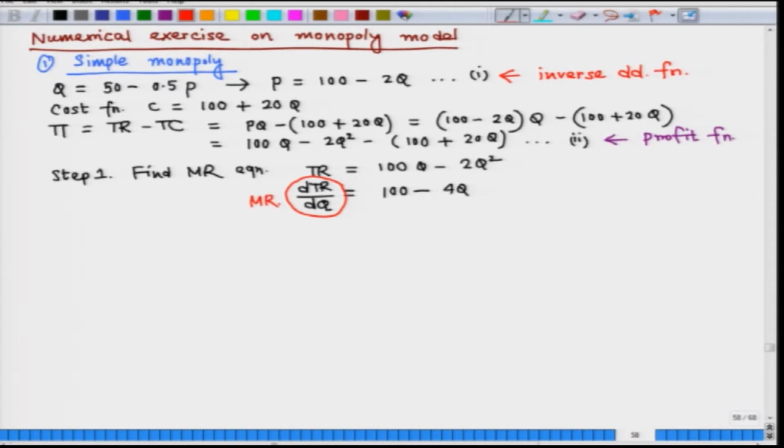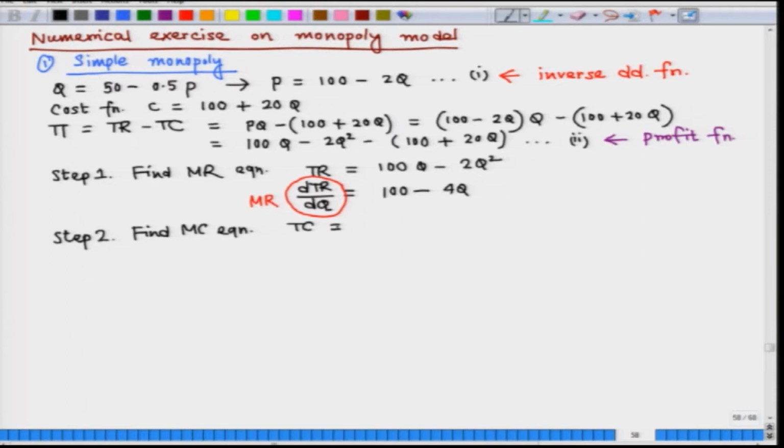Okay. So, now what would be the second step? The second step is to find out the other part of the first order condition of monopoly equilibrium, and that is basically the marginal cost, right. So, again we start with our total cost function.